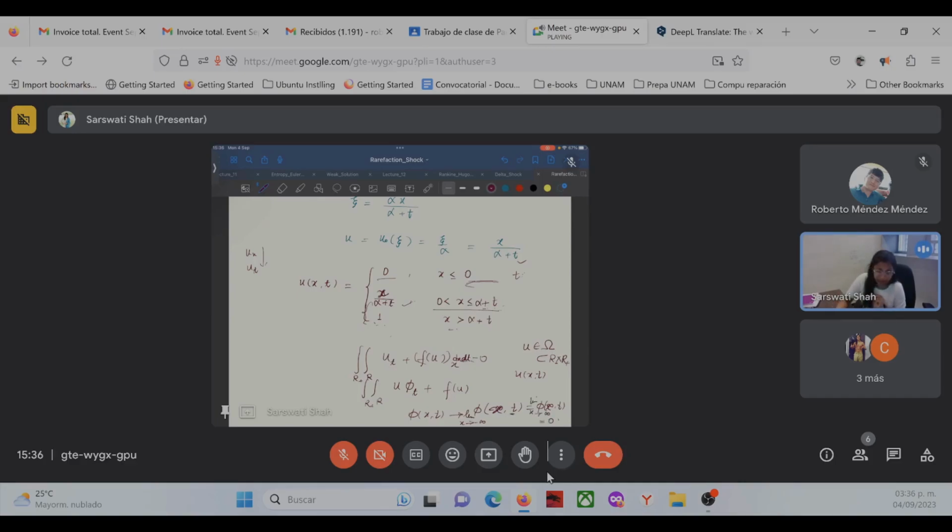Also, phi of x comma 0 is equal to the limit as t tends to infinity of phi of x comma t, that is 0. So on the boundary of the domain, the real numbers minus infinity to plus infinity and the time boundary, this function phi has 0 value, and inside the domain it is infinitely differentiable.